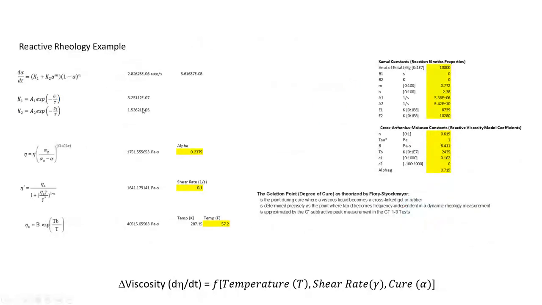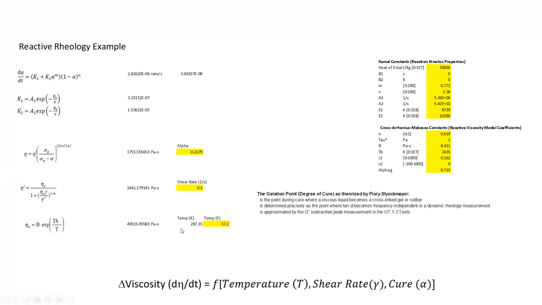Well, I can show you one example. And this is an example of how we run it through the spreadsheet. And we actually plug in these calculations. So I give the yellow as the input. And what we do is we input temperature, shear, and state of cure, alpha.